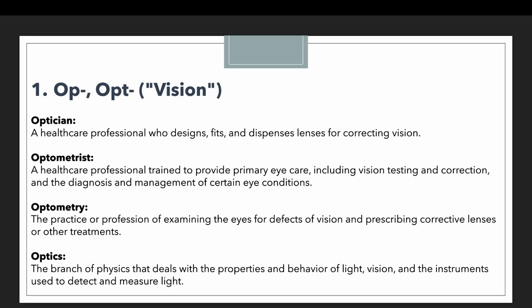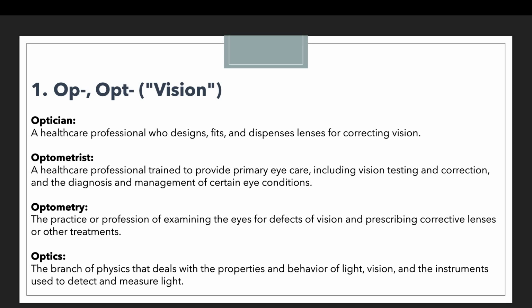This is how we identify it: whenever we see op or opt, it is something related to vision. Now, how is it used and what terminologies are there? There are many terminologies where op or opt is used, so let's walk through the examples.